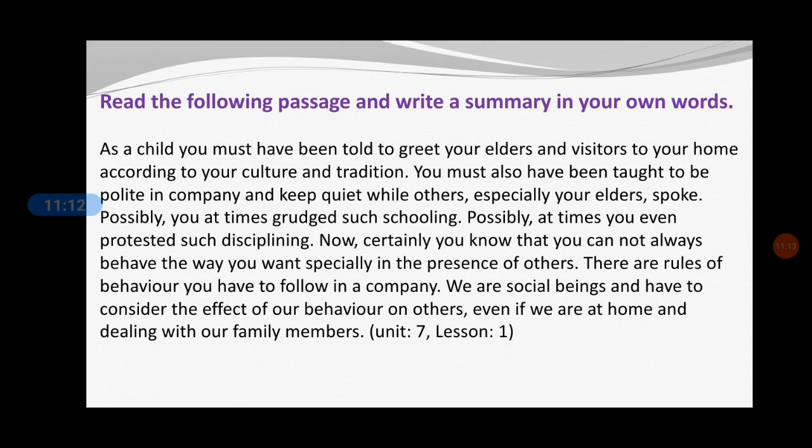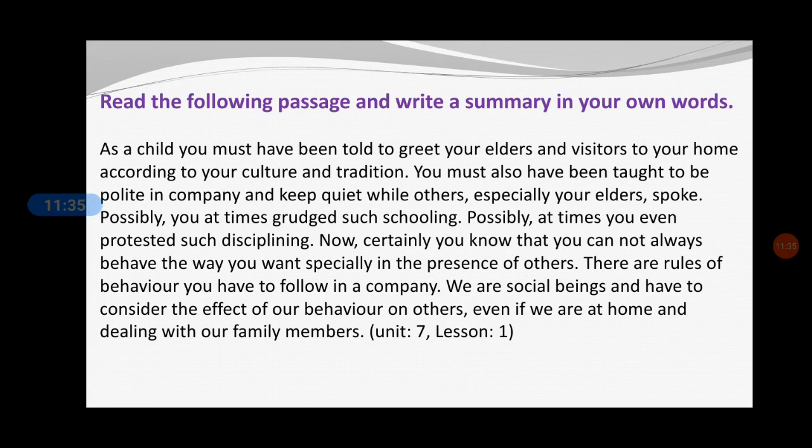As a child, you must have been told to greet your elders and visitors to your home according to your culture and tradition. You must also have been taught to be polite in company and keep quiet while others, especially your elders, spoke.